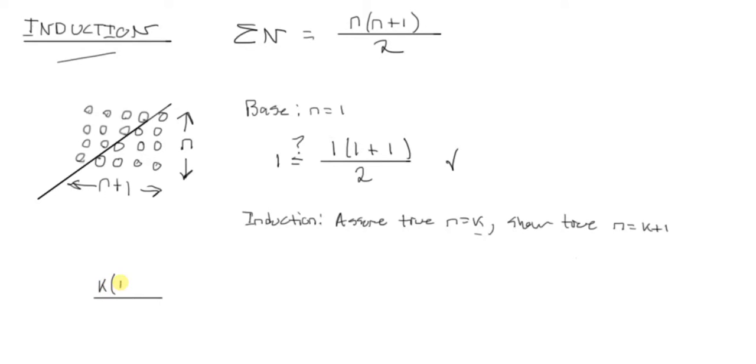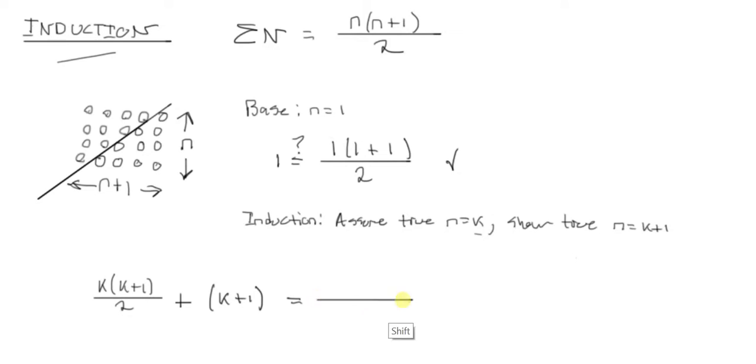So we have k times k plus 1 divided by 2 plus k plus 1, that's our next column, the k plus 1 column, and this is all the previous columns that we've already assumed are true.